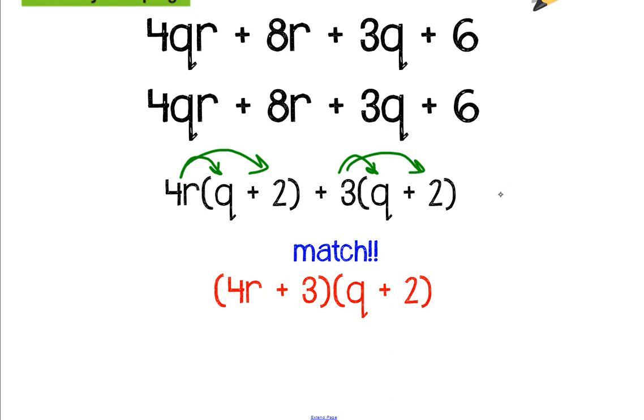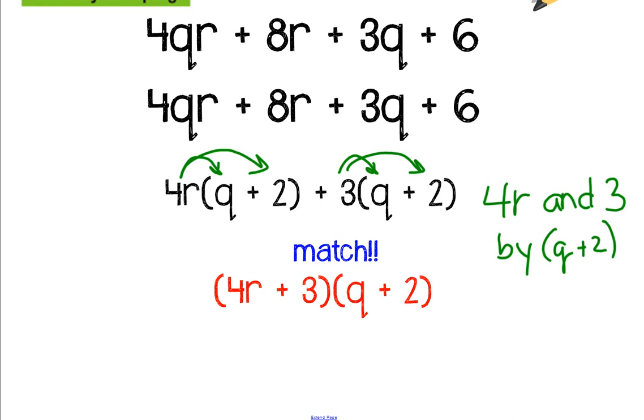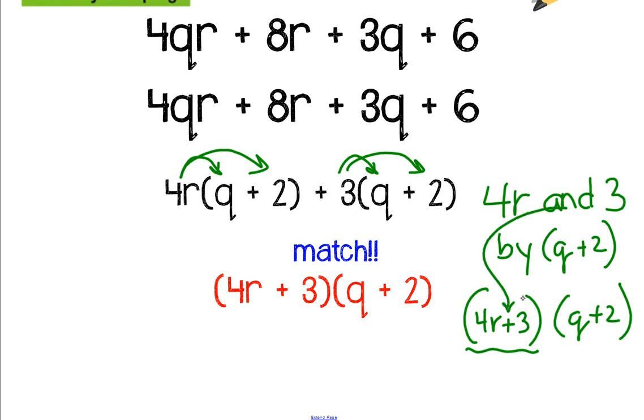So I can say that I'm going to multiply both 4R and 3 by Q plus 2. So if I'm going to multiply Q plus 2 times something, I could write it like that. Does that make sense? I'm going to multiply something by Q plus 2. And what I'm going to multiply it by is 4R and a 3. So this becomes our plus sign.